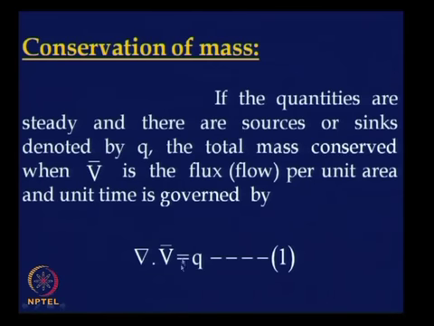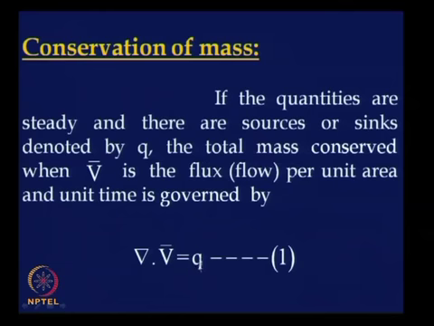Here V is the vector field, which represents, let us say, a flow velocity or a flux of a magnetic field, etc., and Q is the corresponding source or sink term, which of course depends on the spatial coordinates. We are considering the steady case, the simplest case, hence this is the form.